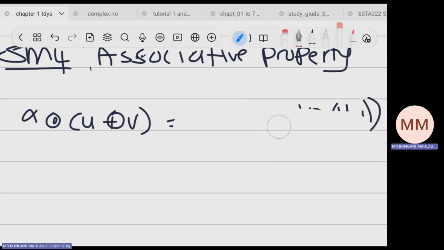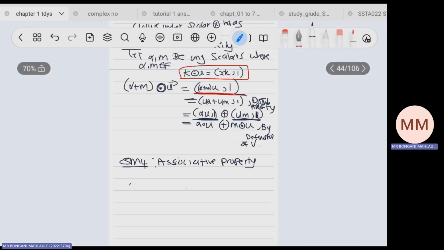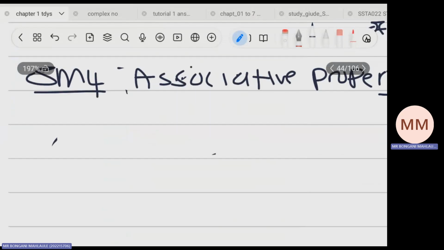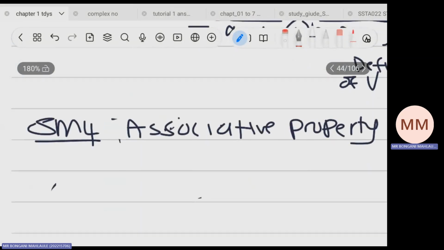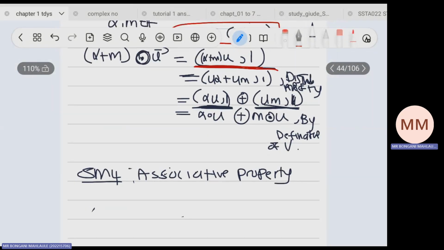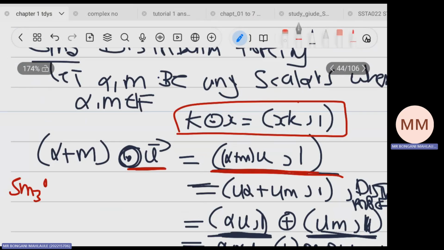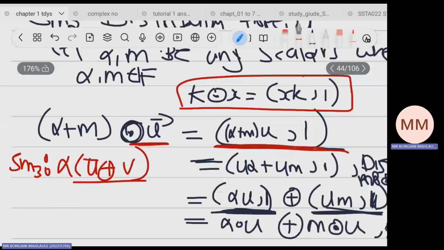The one I was doing here is the distribution property, SM2. So remember, I've got SM2 and SM3. With SM2, you are multiplying with a scalar outside, but on SM3, you are multiplying two vectors with a scalar.